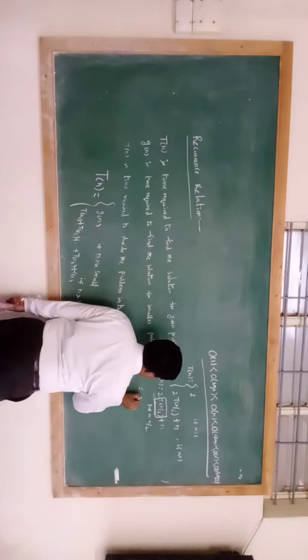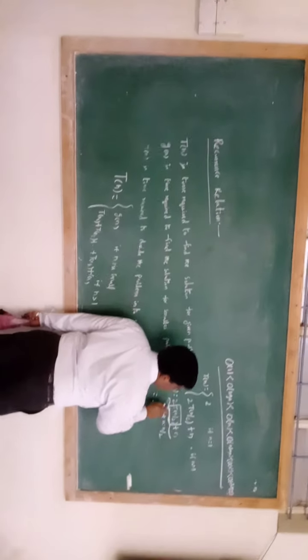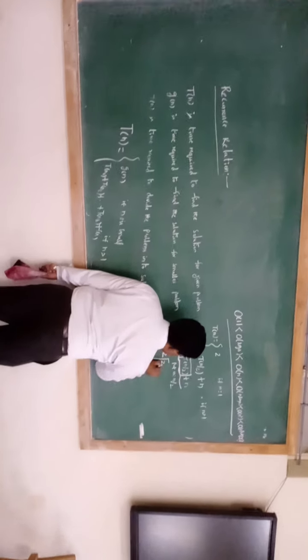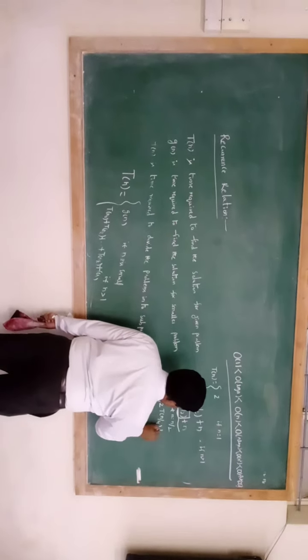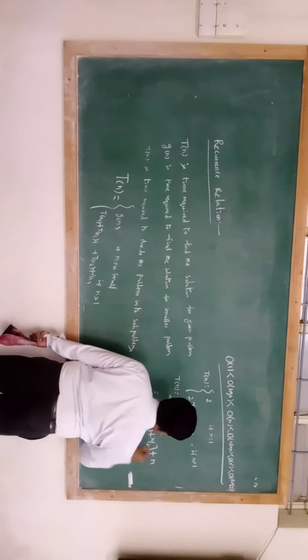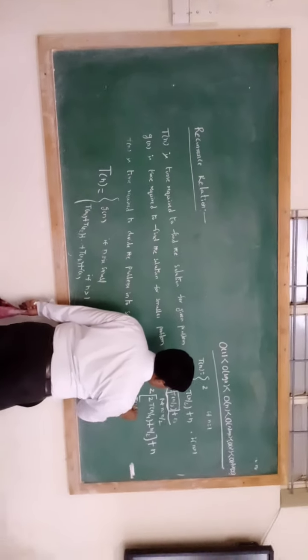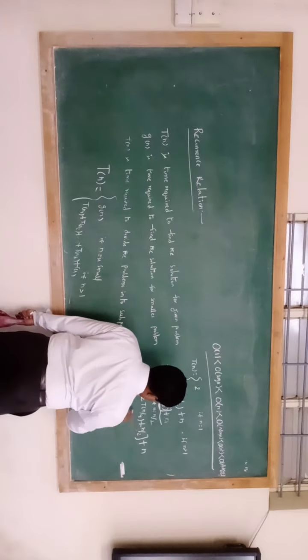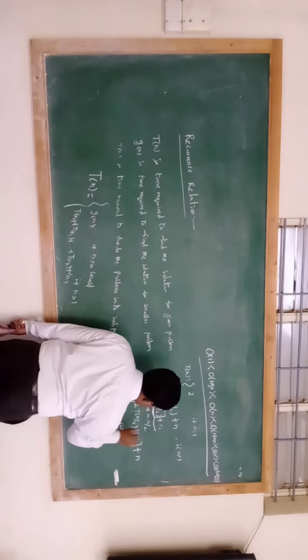Again we represent the whole list: 2 into T of n by 4 plus n by 2 plus n. So 2 into 2 is 4, T of n by 4, plus 2 into n by 2 is n, plus n, 2n.